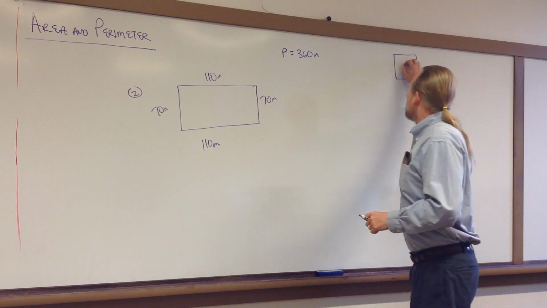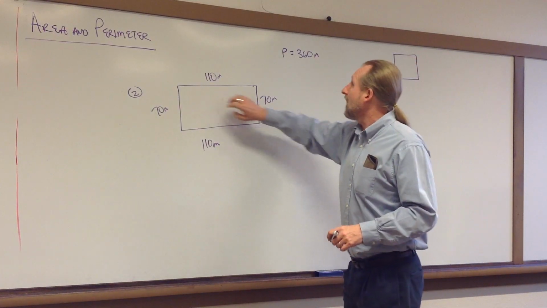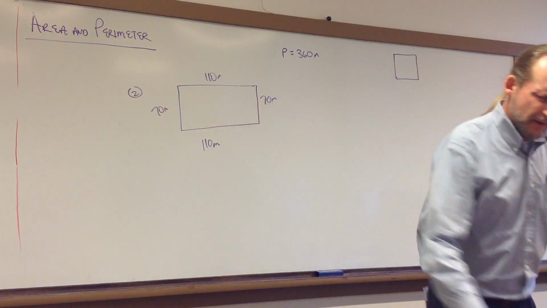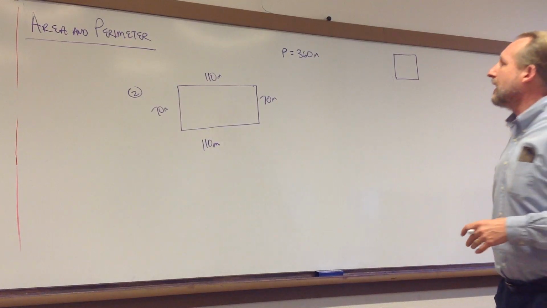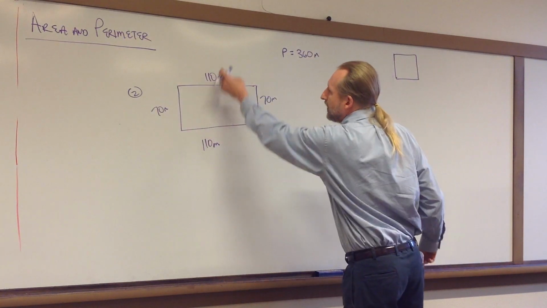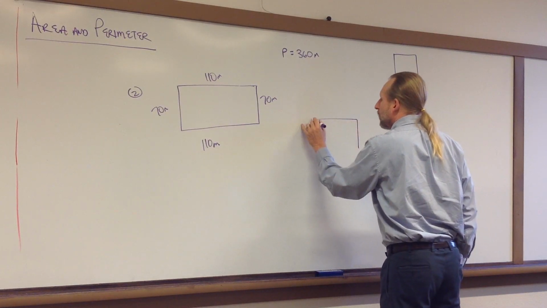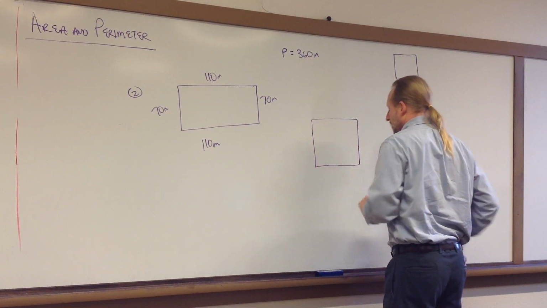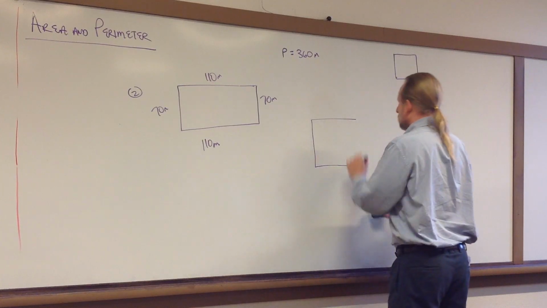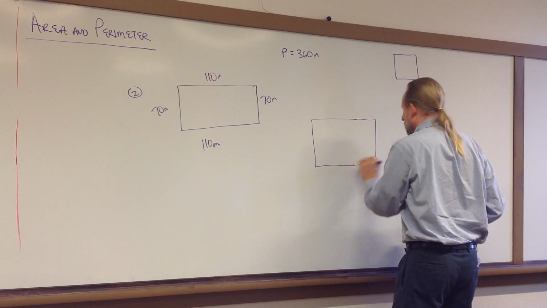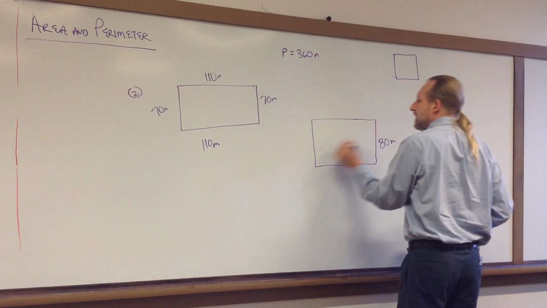So if we make this more square-like, that'll increase the area. And number 2, we want a larger area. So let's take 10 off of that length and add it onto our widths. Let's make it like this. There we go. So now these will be 80.